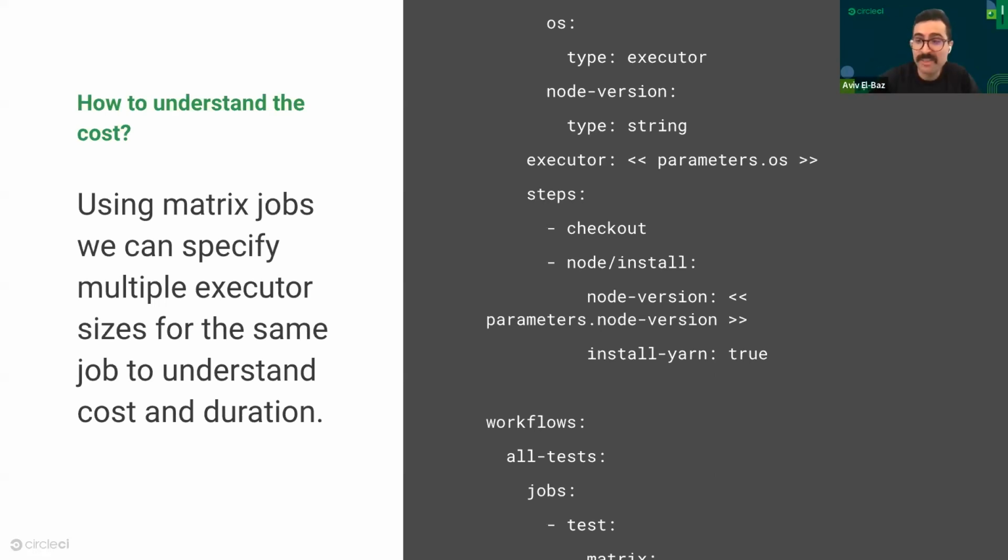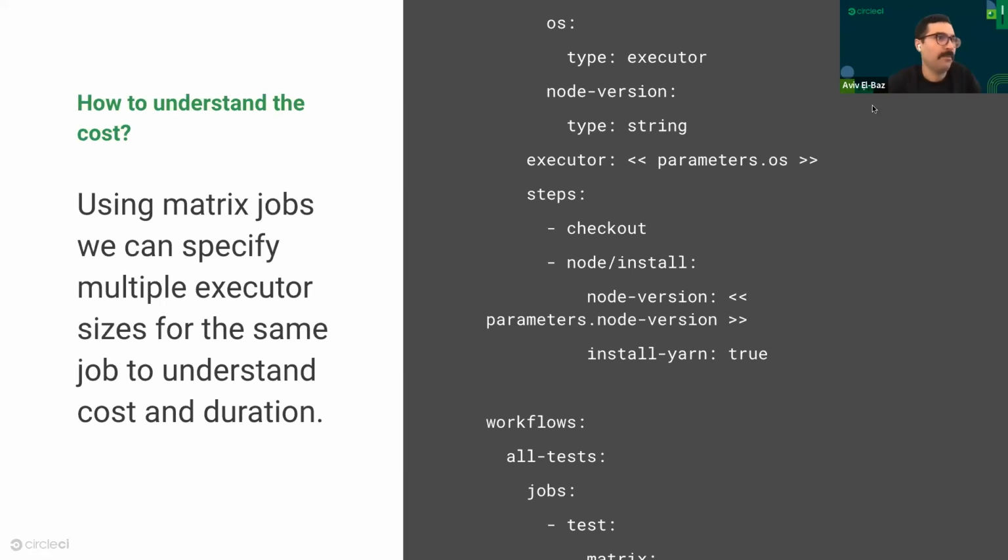You can do it with both operating system and with executor size as well, right? So matrix jobs could help you solve for running the same job on different instance sizes to better assess which executor you'd like to use moving forward. This would be a lot in pre-planning stages, but definitely a good tool to map out multiple executors. And so definitely want to highlight this feature as well.